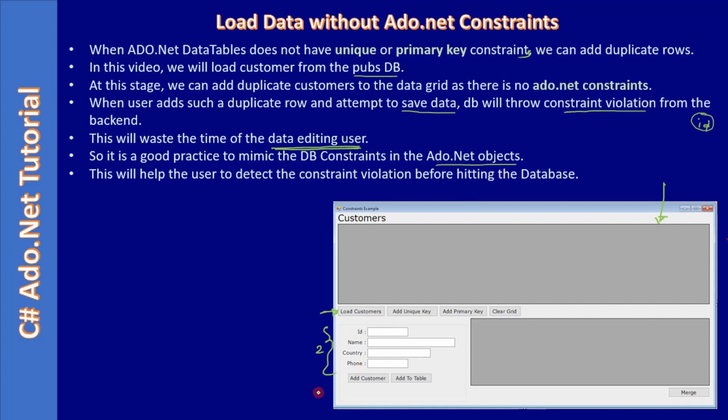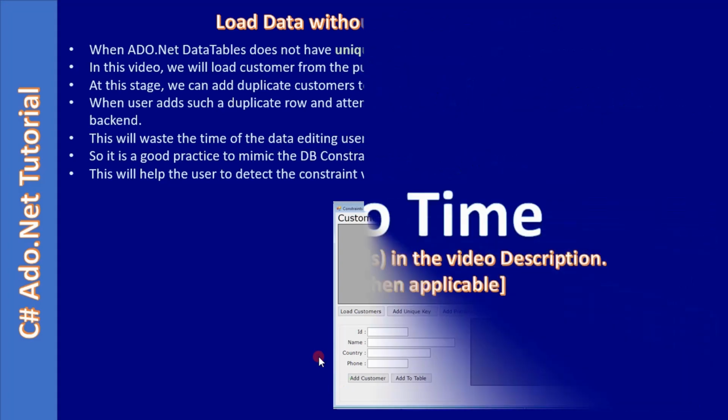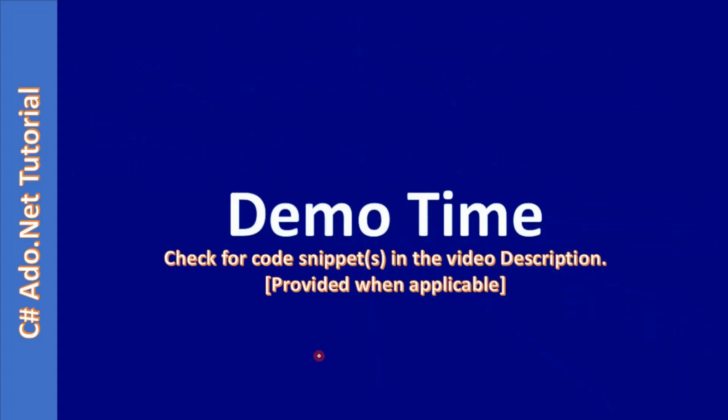So let's state that user is providing a duplicate key and they are clicking the add customer button. If any error is thrown during this time itself, it will be useful. So they will go ahead and make the correction. Now let's go ahead and load the data from the database table.